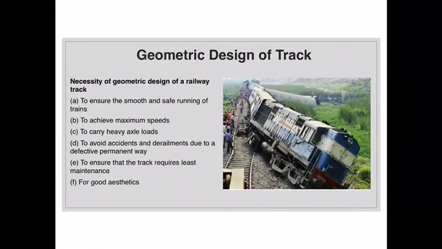Next, as we said, we will be discussing all the geometric components in the design of the tracks. What is the necessity? First, we all know the railway track needs to be properly designed, similar to highways, because improper geometrics lead to various disadvantages.